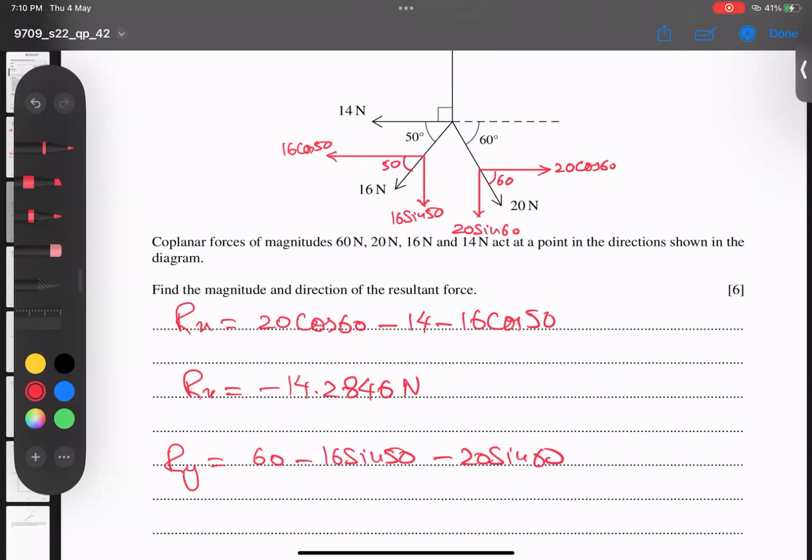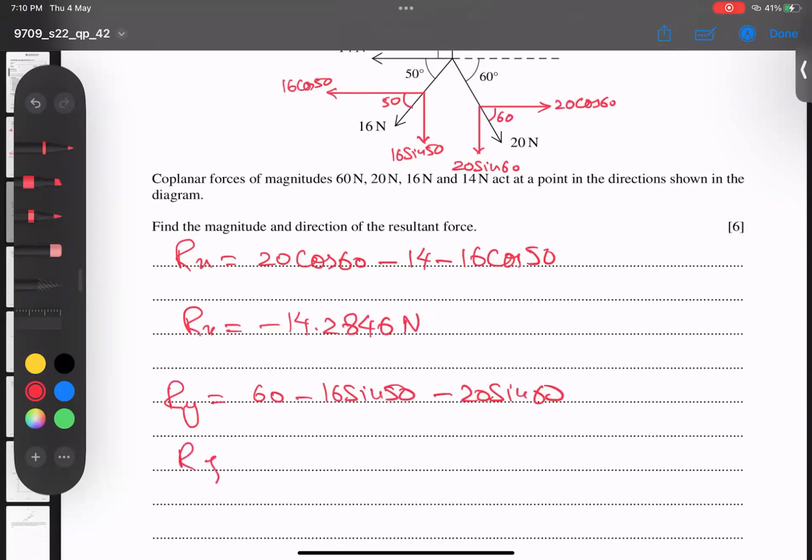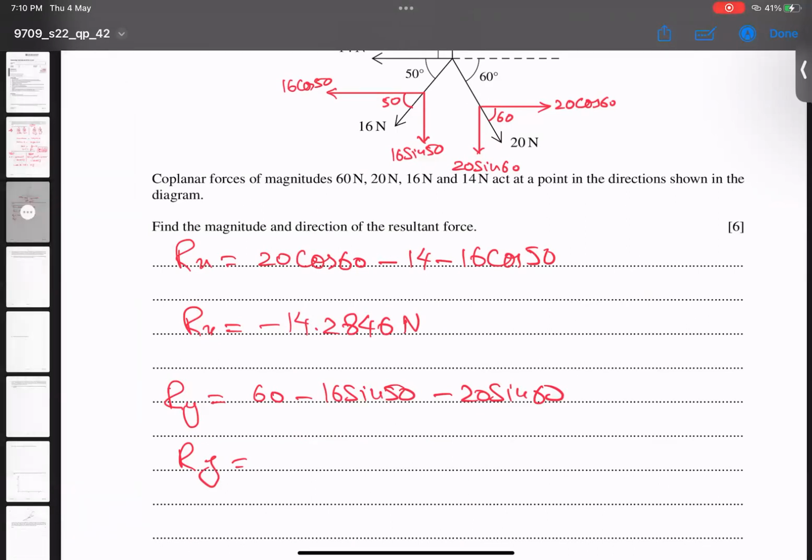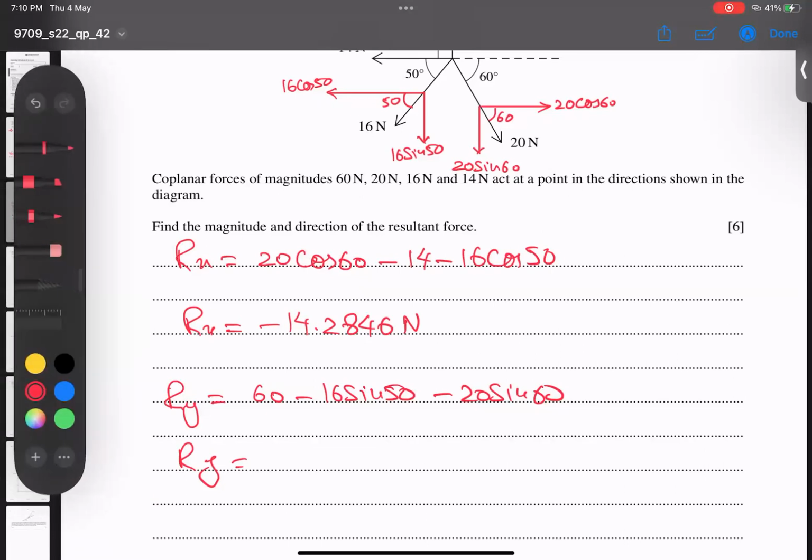And now I'm typing in the calculator: 60 minus 16 times sin 50 and minus 20 times sin 60. The answer is coming positive, 30.4228 newtons. Okay, up till here, it is very clear.